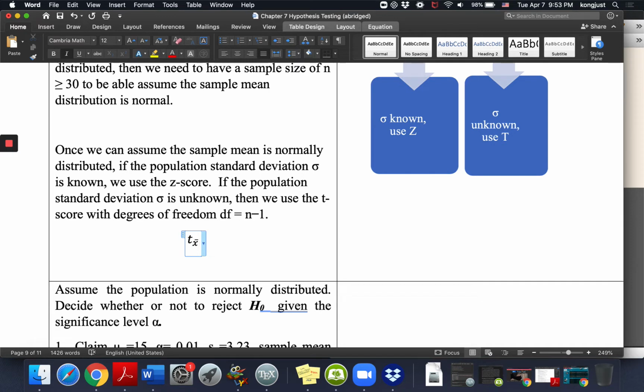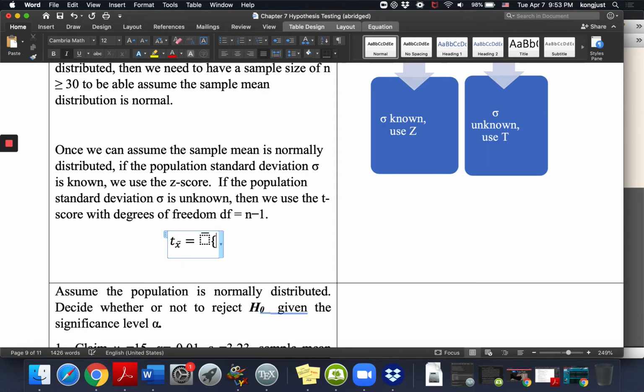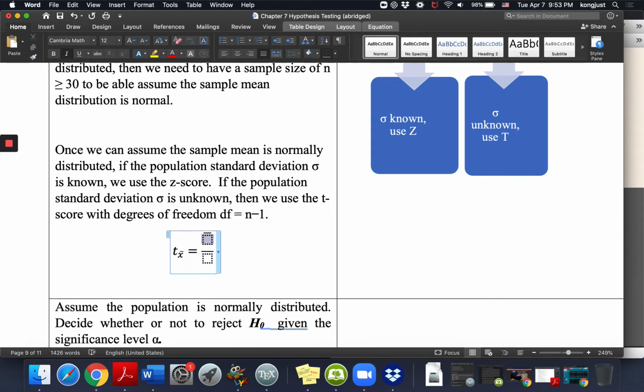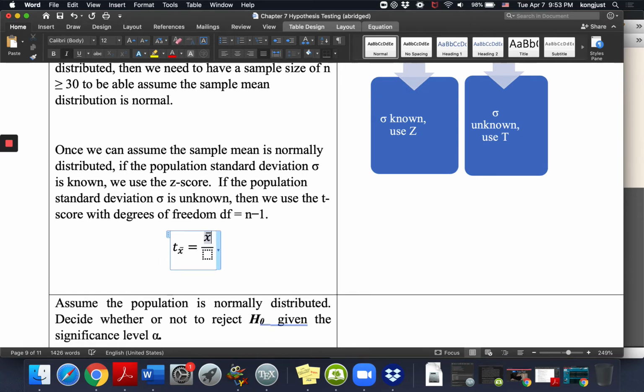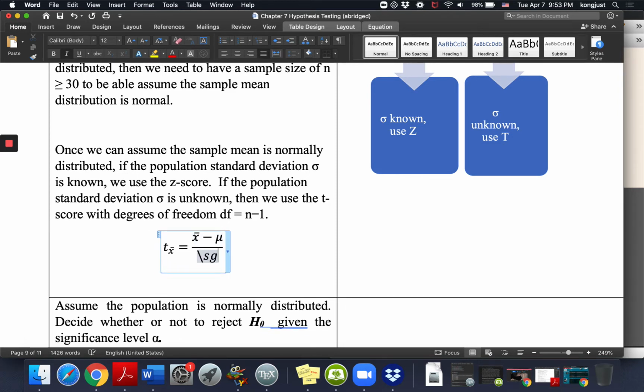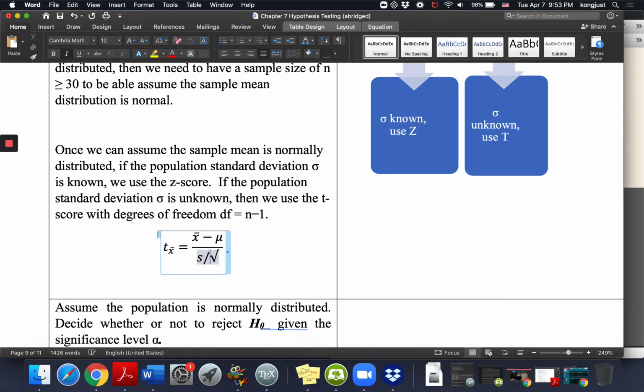There are a lot of peculiarities when you're trying to type in equations. What was it? It's x bar minus mu, over, we don't know sigma, so it's S divided by square root of n, like that.